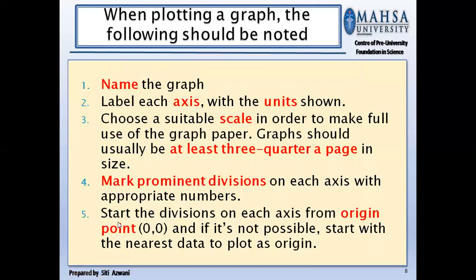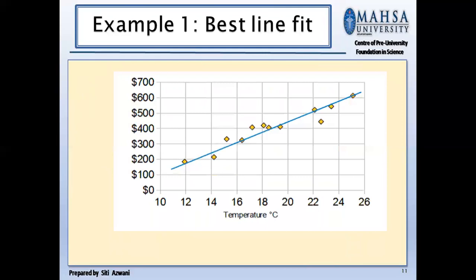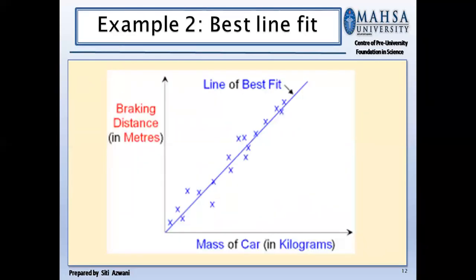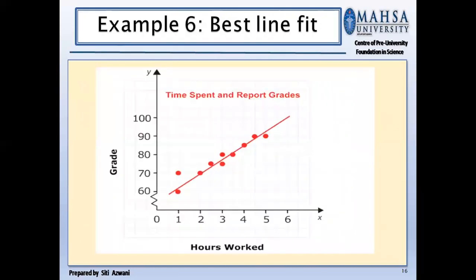Start the division on each axis from the origin point 0, 0, and if it is not possible, start with the nearest data to plot as the origin. Usually you start the division on each scale from the origin 0, 0. But if it's difficult, you can start your scale not from 0, 0 but from the nearest value.